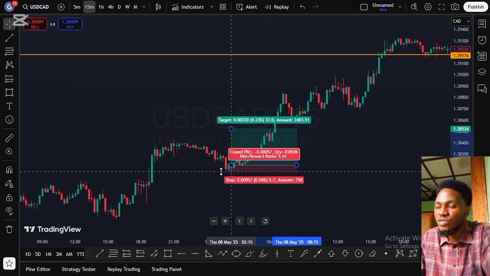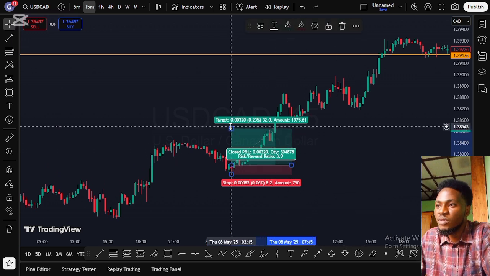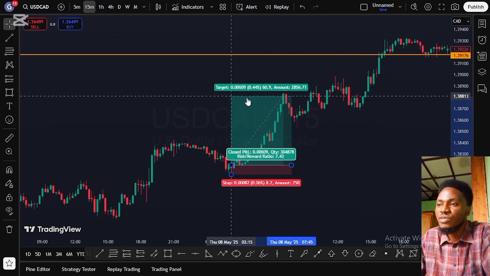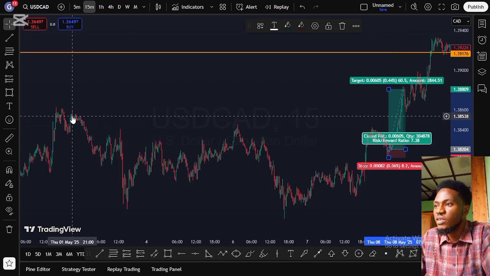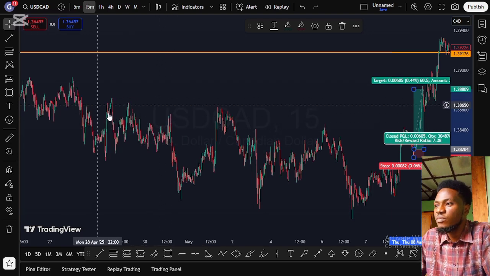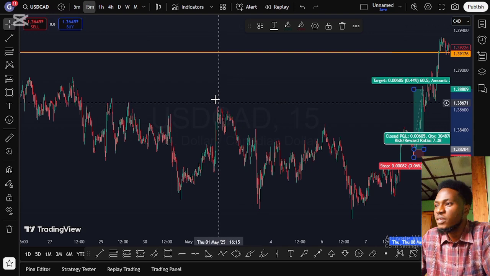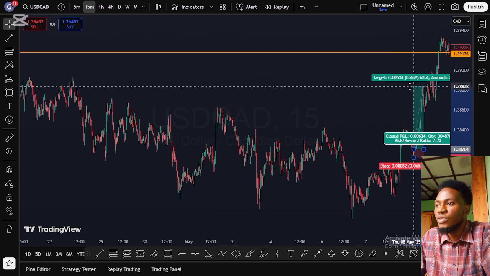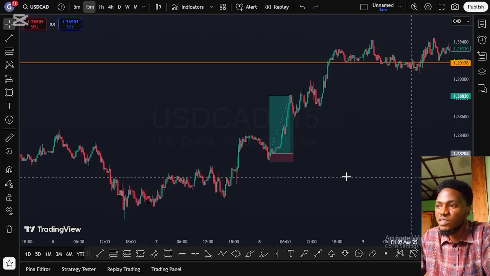I'll set my stop loss just below this candle, and I'll aim for the next market structure. What is the next market structure? It's around here. Since I'm buying from here, I'll aim for the next market structure, which is this one. That will be my target, and you see we hit the take profit there.